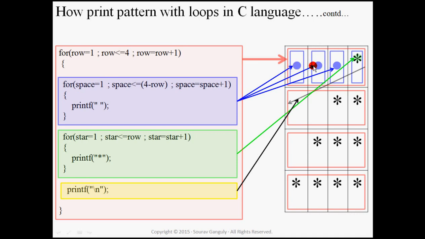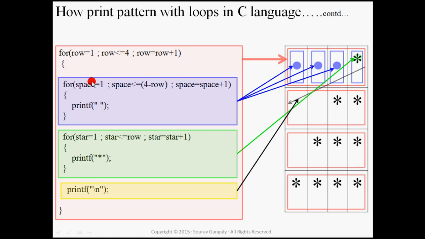After printing the space and star, we must send the cursor to the next line forcefully. So we use this printf \n command. That means it will send the cursor to the next row. Now when the row number is 1, the cursor will directly come here.